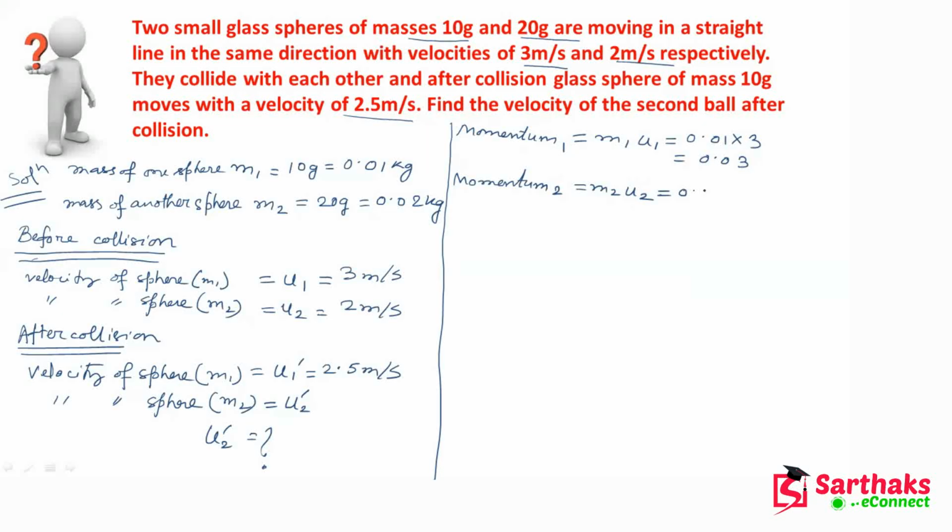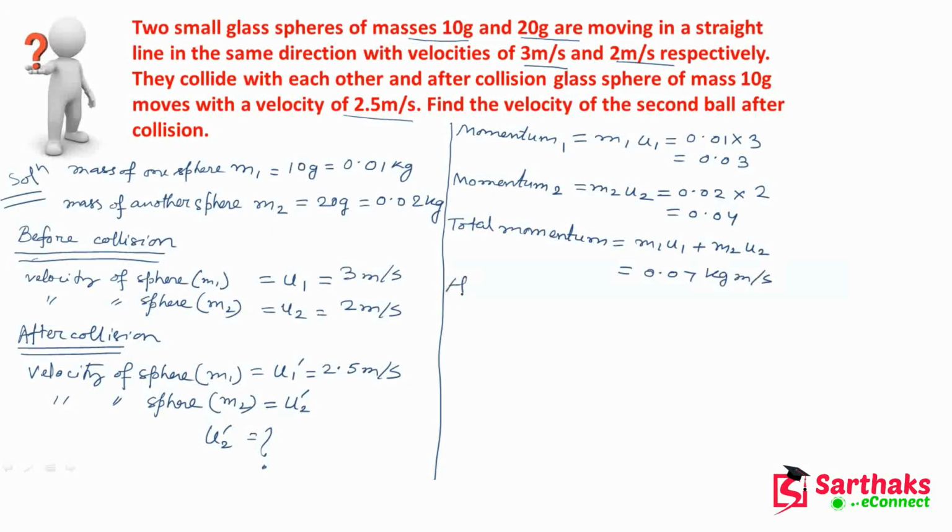So it will be 0.02 into 2 meter per second, so it will be 0.04. Now the total momentum before collision equals m1 u1 plus m2 u2, and this will be 0.07 kg meter per second.